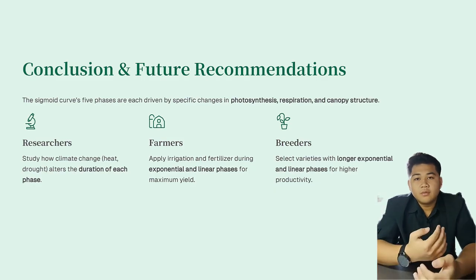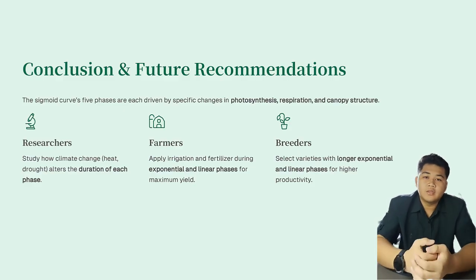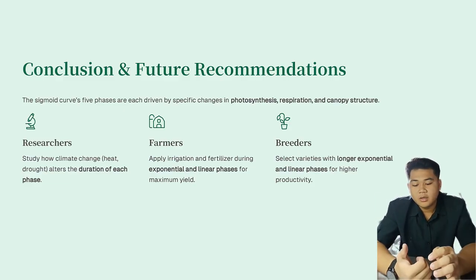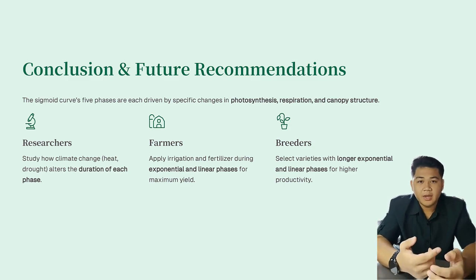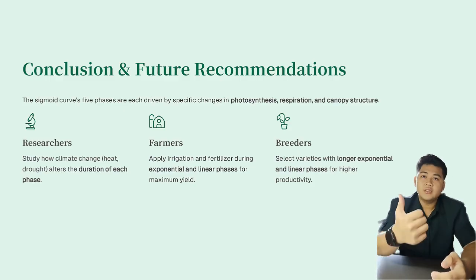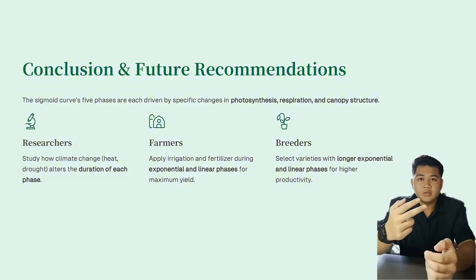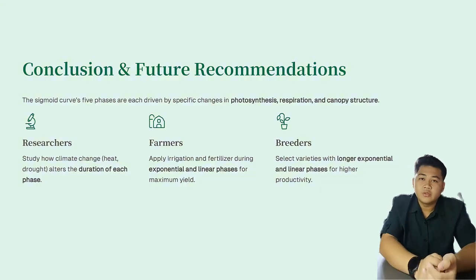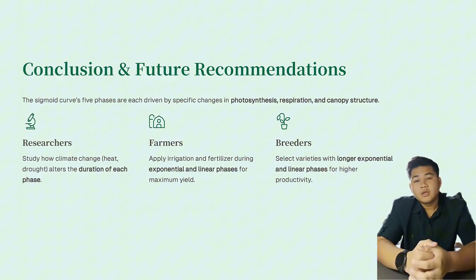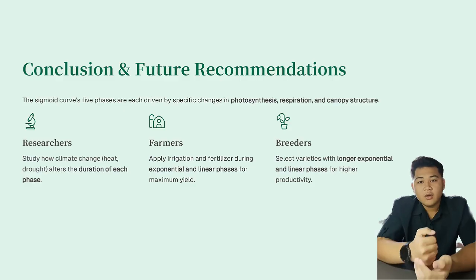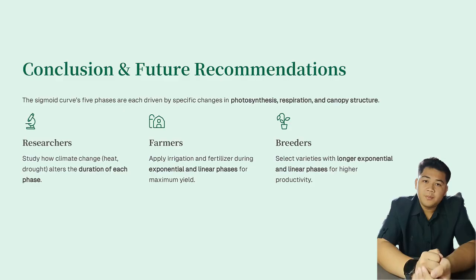So we have gone through all 5 phases of the sigmoid curve, which is significantly affected by the changes in photosynthesis, respiration, and the canopy structure of the plant itself. For my future recommendations, for researchers, I think we should study how climate change alters the duration of each phase.